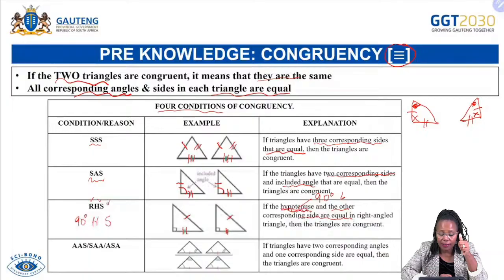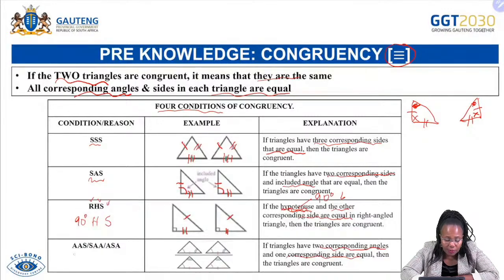And then lastly, if triangles have two corresponding angles equal and one corresponding side equal. In this case, you must have two corresponding angles equal plus a corresponding side equal. Now the reason can be angle, angle, side, or side, angle, angle, or angle, side, angle.